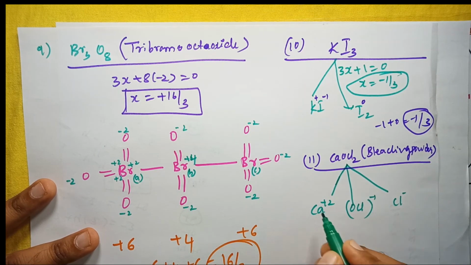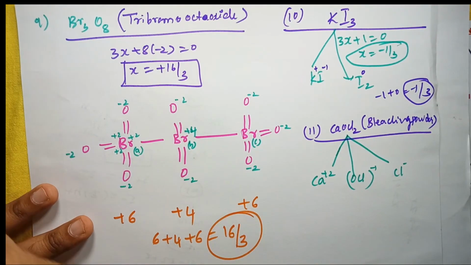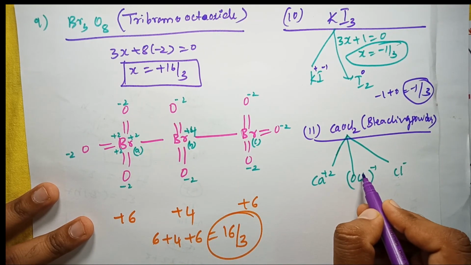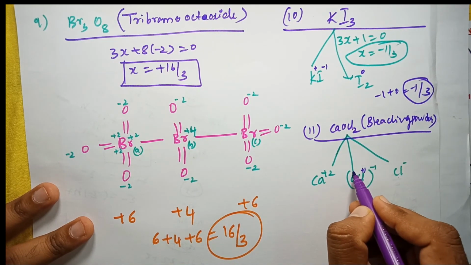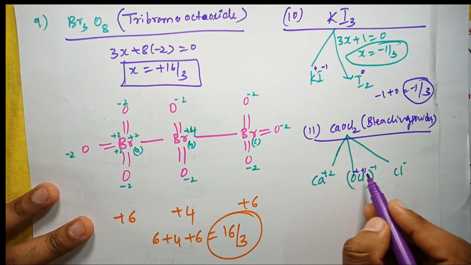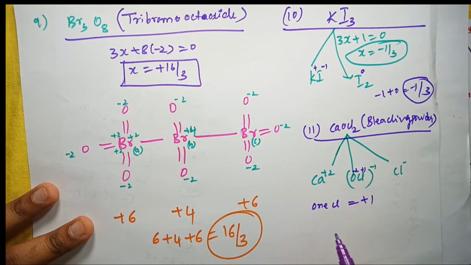Look here friends, there are 2 positive charges, so we have to balance it with 2 negative charges. Here this chlorine exists as minus 1, here this chlorine exists as plus 1, oxygen as minus 2. Minus 2 plus 1, it is minus 1. So one chlorine exists as plus 1 oxidation state and another chlorine exists as minus 1 oxidation state.